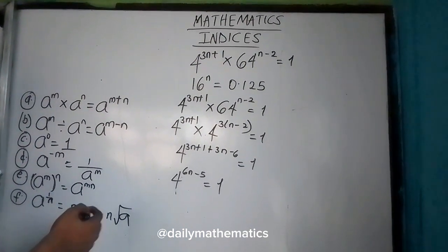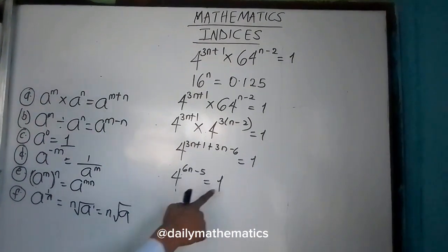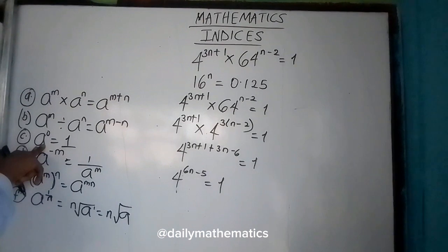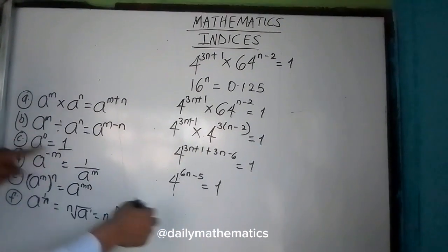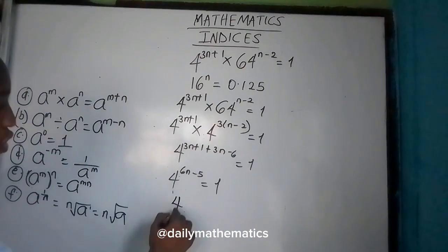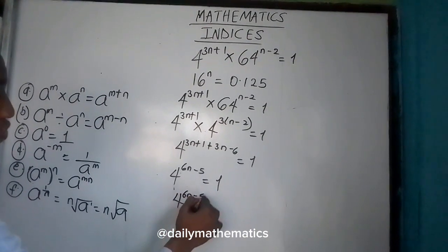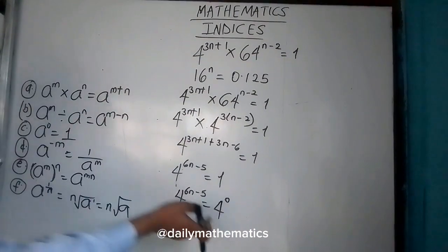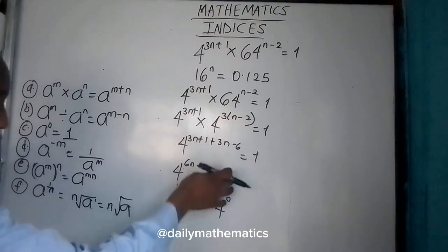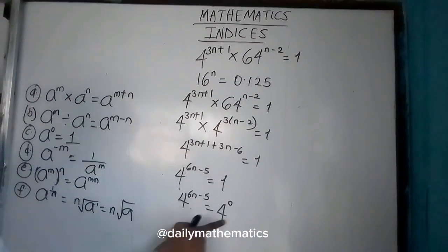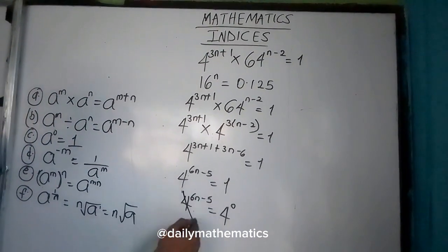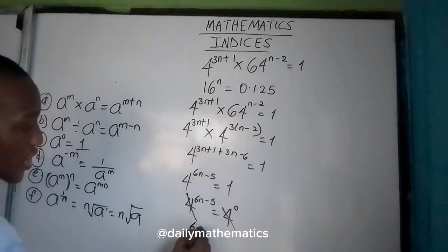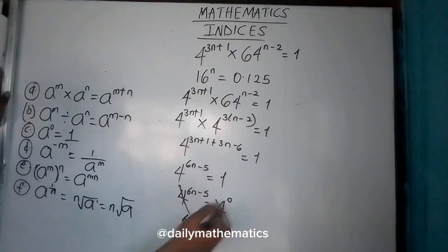From here, what do we do? We know that any number raised to the power of 0 is equal to 1. So we can say 4 raised to the power 6n minus 5 equals 4 raised to the power 0, because 4 raised to the power 0 still gives us 1. Now we have the same bases, so we cancel 4 according to the rule of indices, and we have 6n minus 5 equals 0.